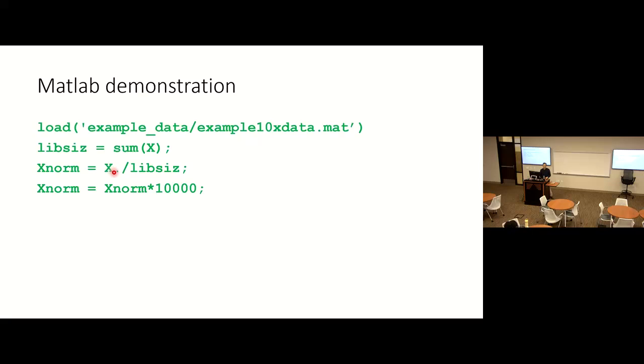This operation, with a dot, is element-based. This computer language is smart enough to help you divide each column by its total. And then you get a normalized version. All right? Then you multiply it by an arbitrary number to scale it up, in this case 10,000. Then you get a normalized version of X.